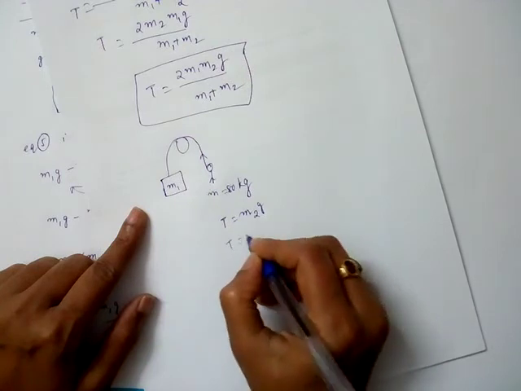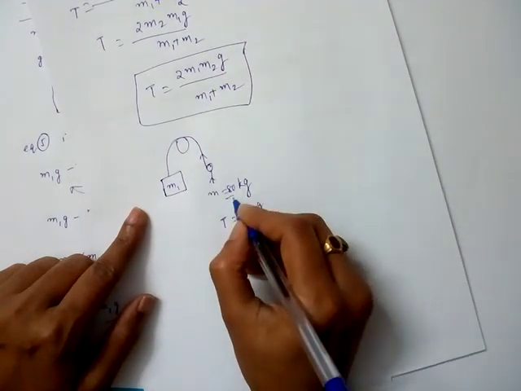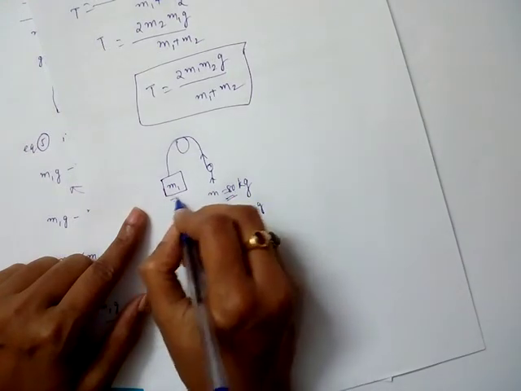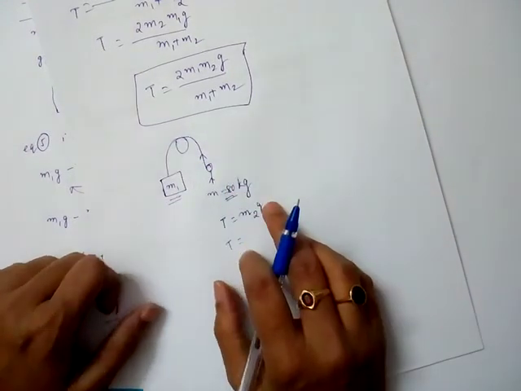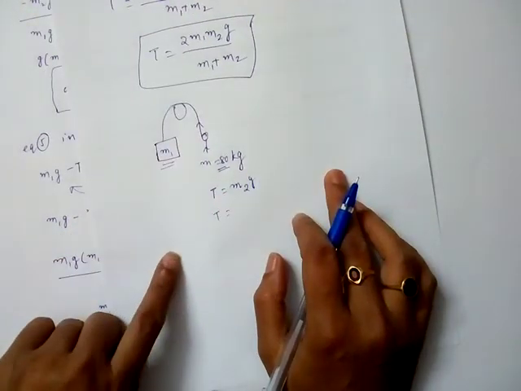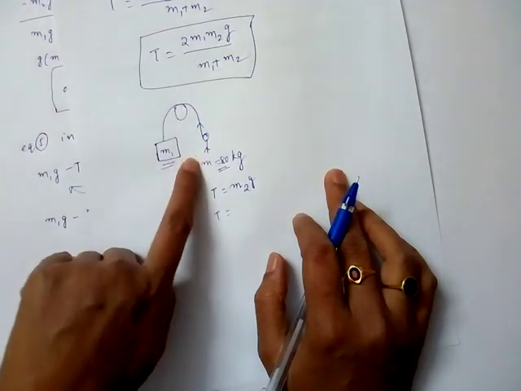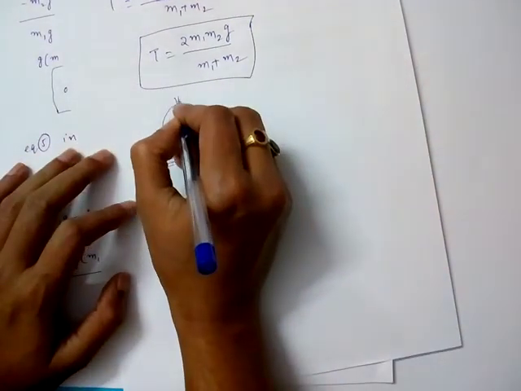So mass only, if they ask, whatever mass the person has, the same mass only he can pull. Okay, this question is there in the textbook. So whatever mass they have given, the same amount of mass he can pull to the other side.